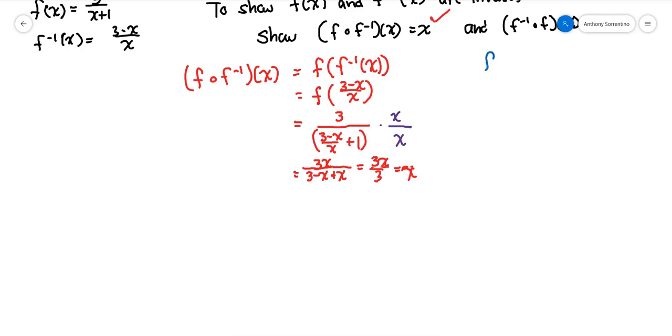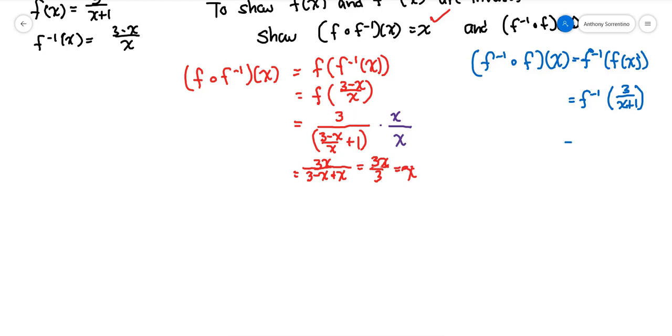Now if I do f negative 1 of f of x, working my way from the innermost parenthesis out, and again recognize I'm going to get an expression, I'm going to replace what's inside here with 3 over x plus 1, because that's what f of x is.